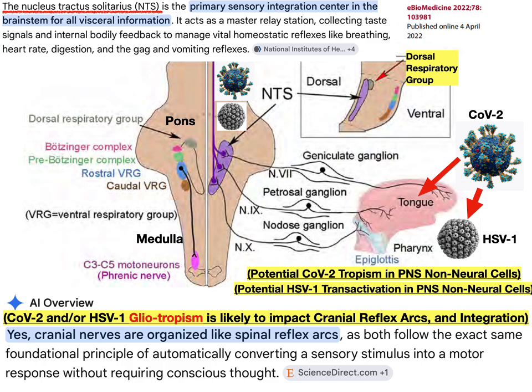So I think it's very important to introduce the term gliotropism into these discussions, particularly in the latter parts of this YouTube. So the takeaway concept of this slide is that CoV-2 and/or HSV1 gliotropism is likely to impact cranial reflex arcs as well as their integration in the brainstem.